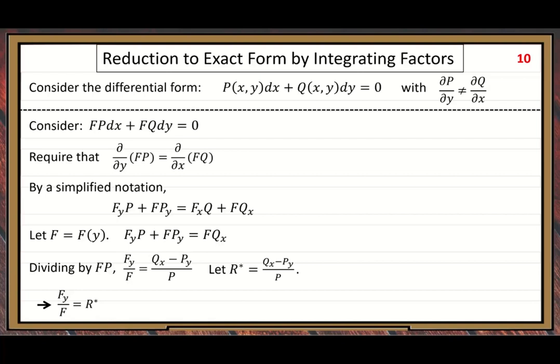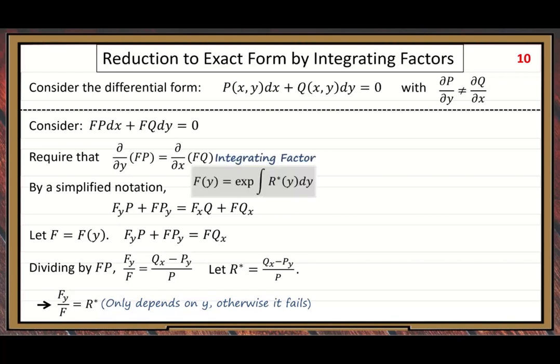If not, we are lucky, and we can solve this equation for F. The F formula can be represented explicitly by this formula.